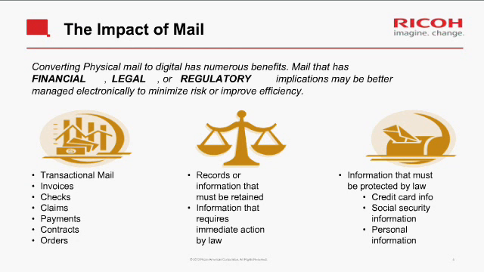The other thing that is also driving customers to look at their mail processes and find ways to bring more efficiency is mail that has regulatory implications. We have customers who are now receiving mail that has credit card information, Social Security information, or personal information, and there are regulatory mandates requiring that this mail be handled in a specific way, and customers are really looking at ways to minimize risk associated with the handling of that type of information.